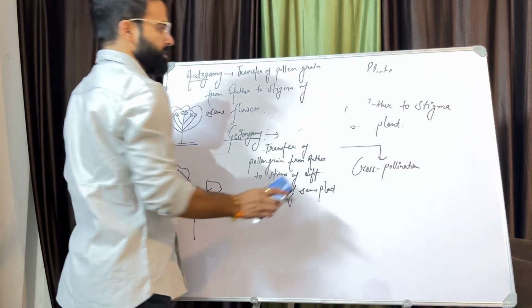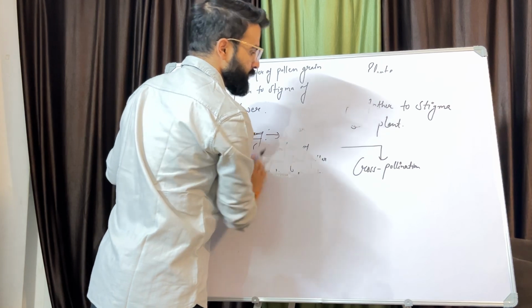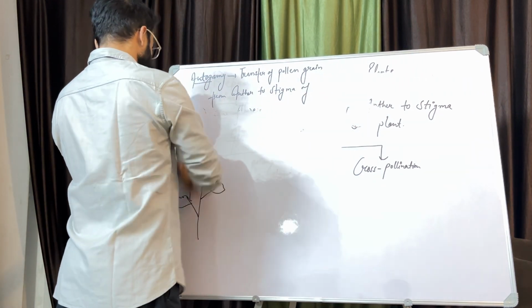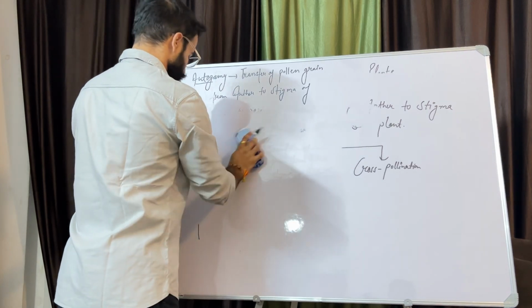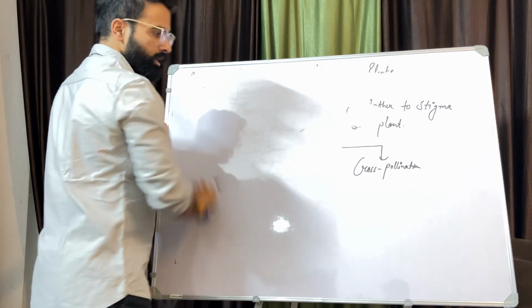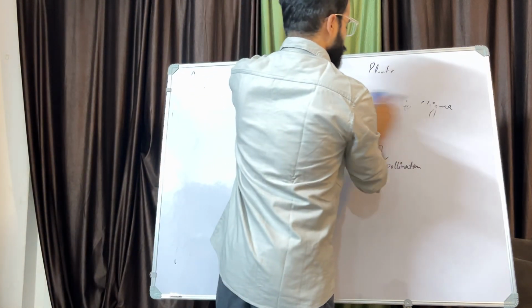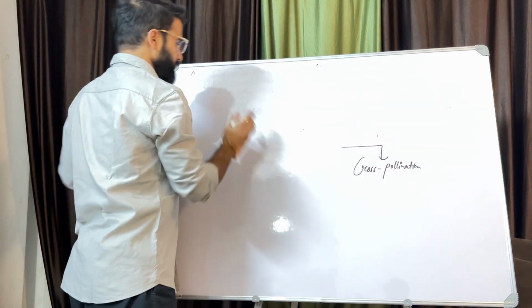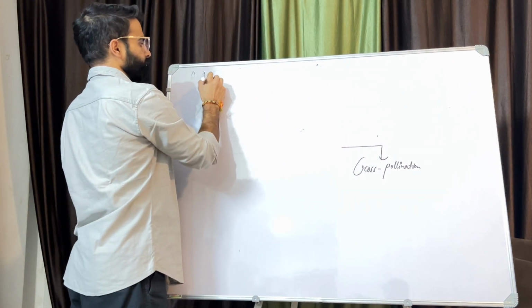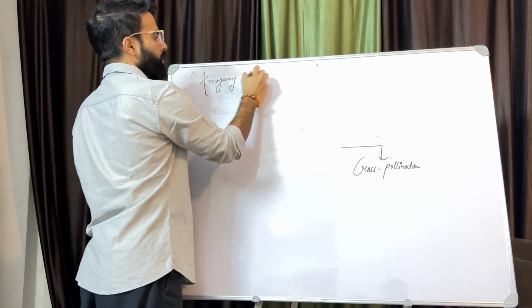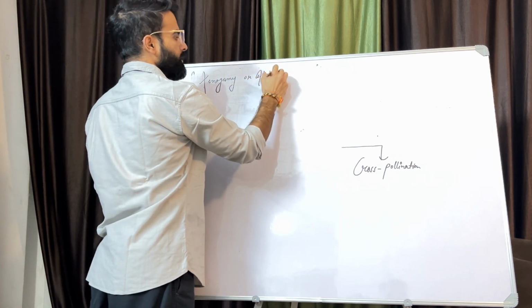So next is cross pollination. What is cross pollination? Cross means transfer from this to this. Cross pollination is also known as xenogamy or allogamy.